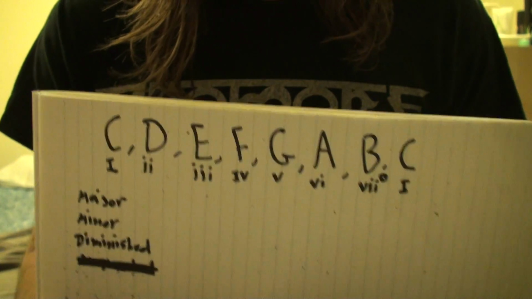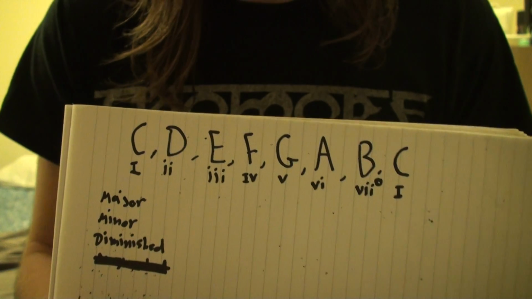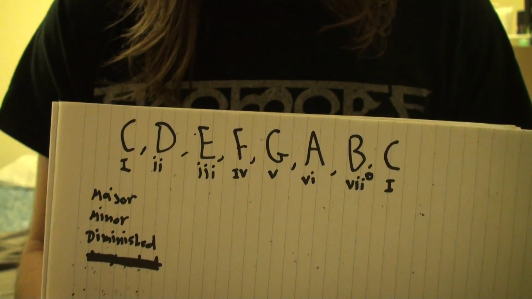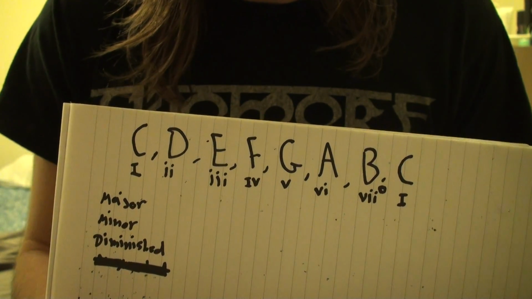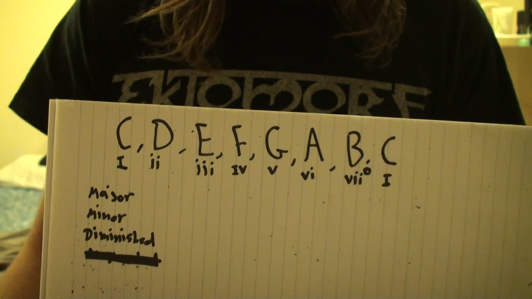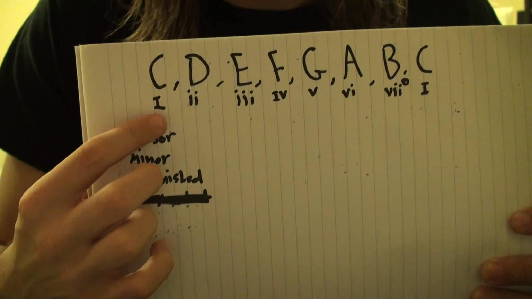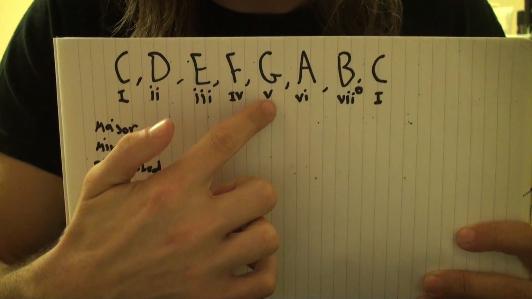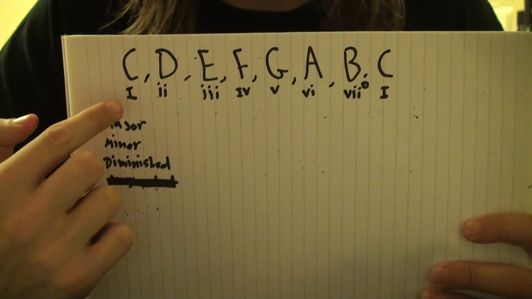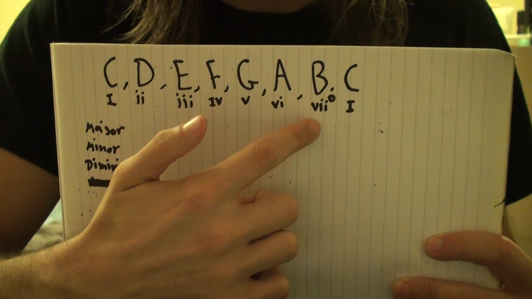Okay. Now the reason why I've written it in Roman numerals this time is because they signify what type of chords these notes represent, basically. Because you'll notice that some are in capitals, like this one, this one, this one, and this one, which is just the same as this one, and then these are lowercase, right?